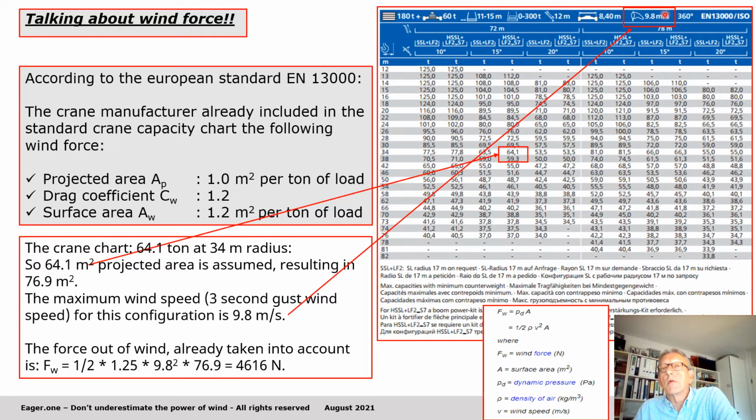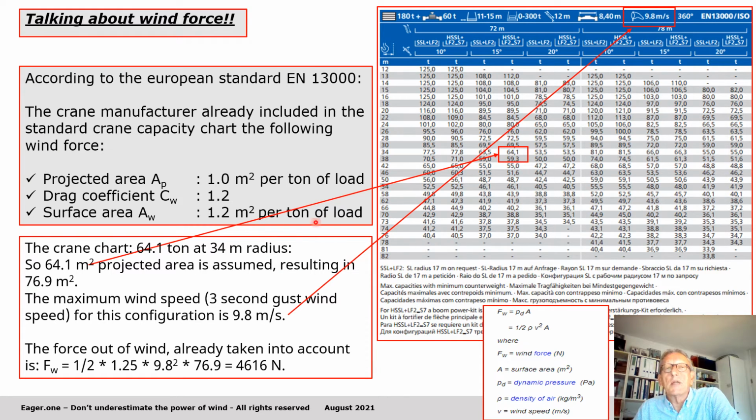As an example, we just have a capacity chart here, which is designed in accordance with the EN 13000, with a maximum allowable wind speed of 9.8 meter per second and, at a radius of 34 meters, a load of 64.1 ton.